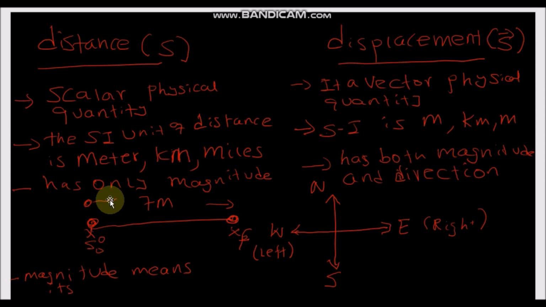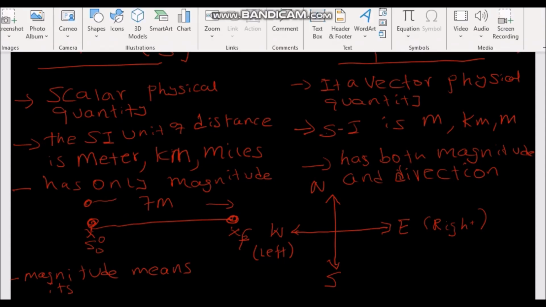That means we can express the values of the displacement for this case: 7 meter from s initial to s final, and the direction is towards east.